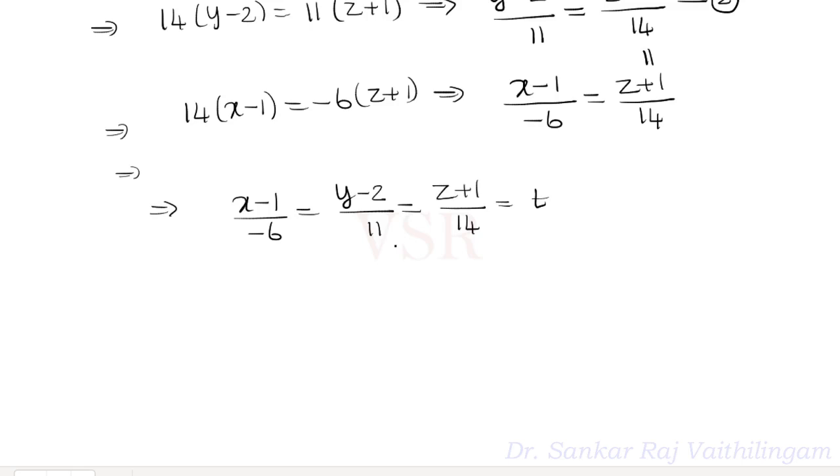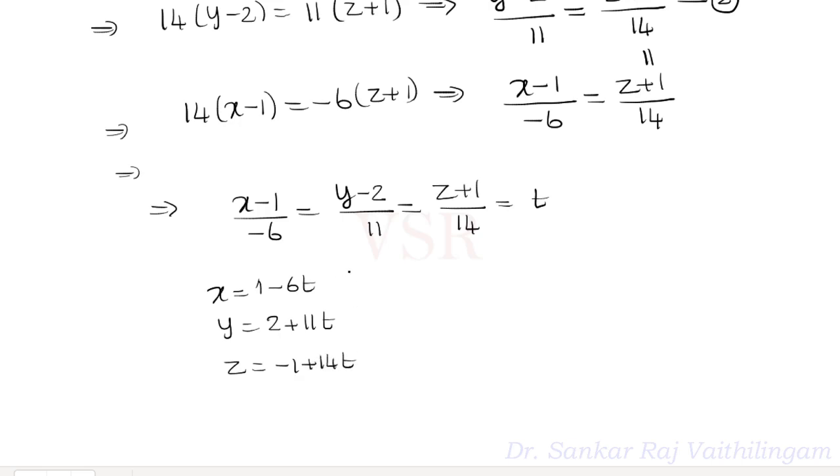So x is equal to 1 minus 6t, y is equal to 2 plus 11t, and z is equal to minus 1 plus 14t.